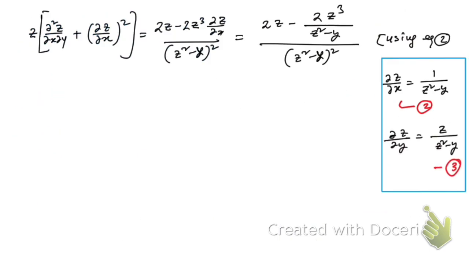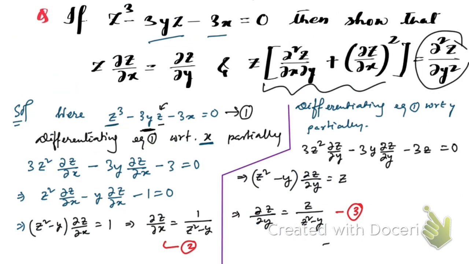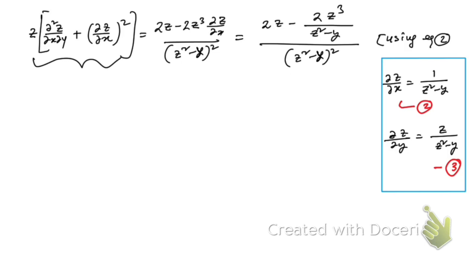Now we need to prove, according to the question, that this part is equal to this one, the second order derivative of z with respect to y. So let's prove this. From equation number 3, what we are going to do is differentiate equation number 3 with respect to y partially.